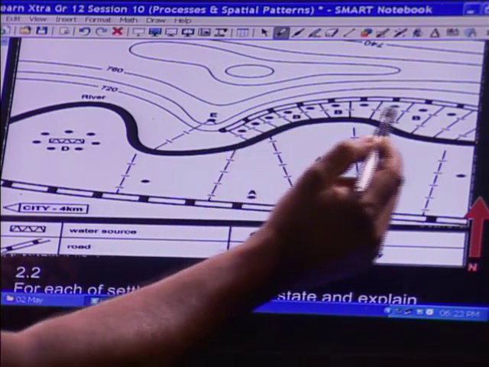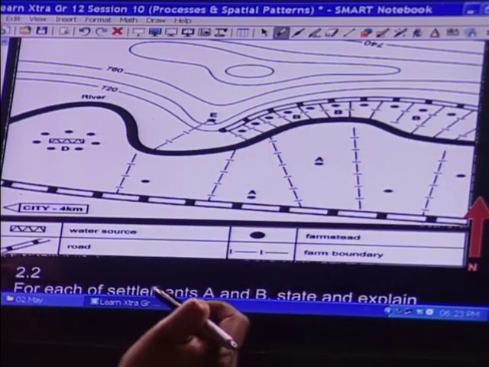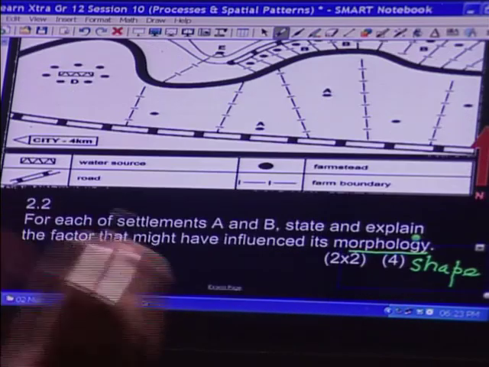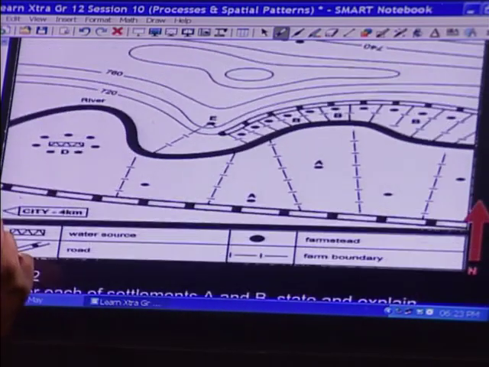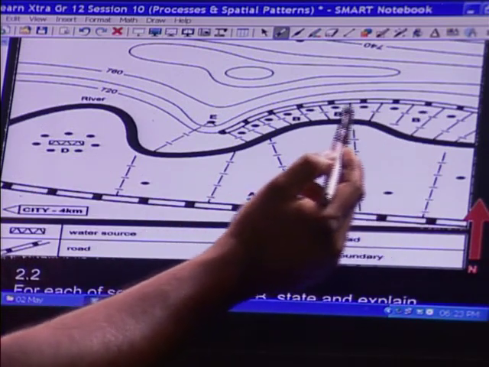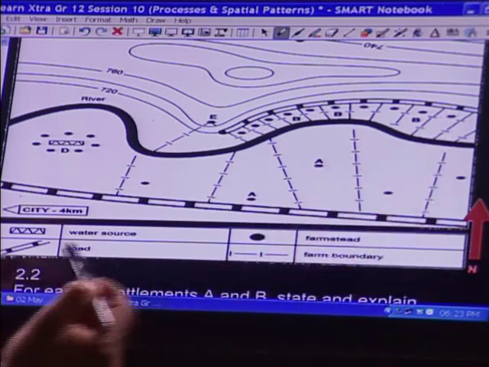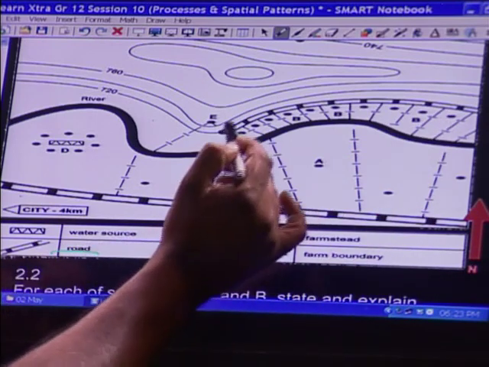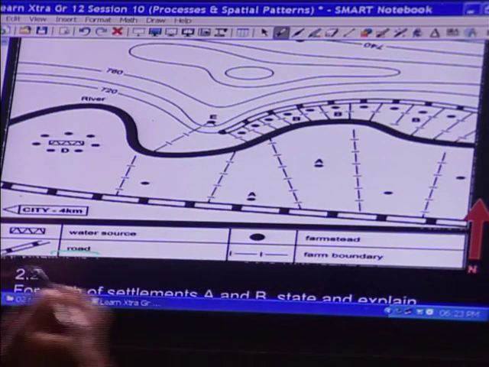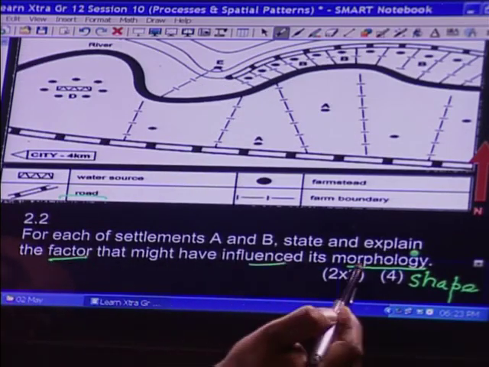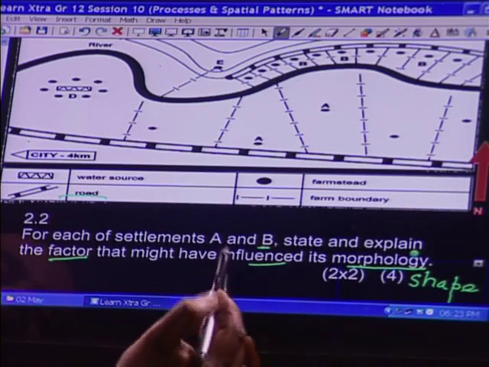Settlement B has already been referred to as a nucleated settlement, linear nucleated. In this example, when we refer to settlement B, we should note the following. The shape of settlement B is influenced by the road. Note the road is located along settlement B, and therefore the factor that has influenced its shape, settlement B, is the road.